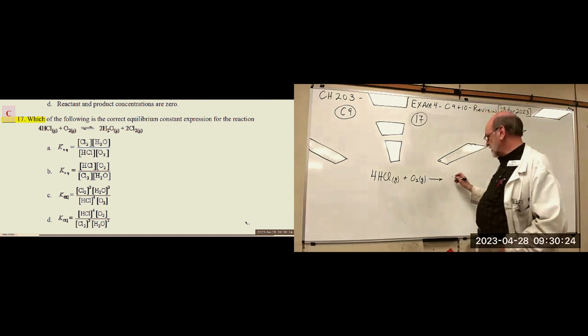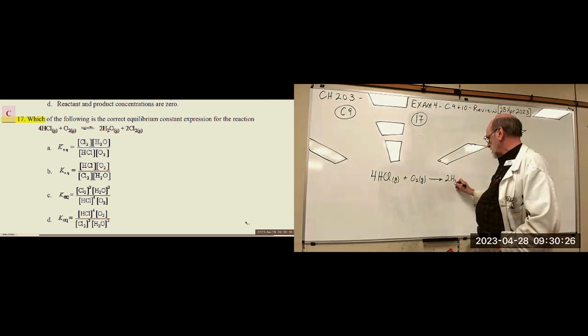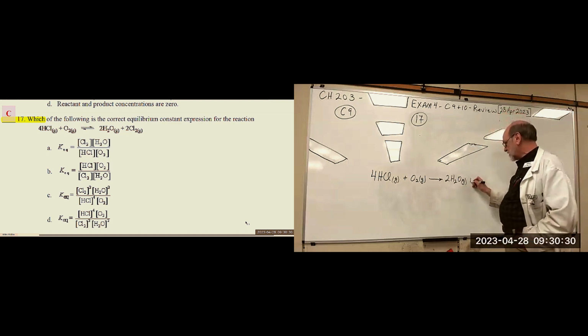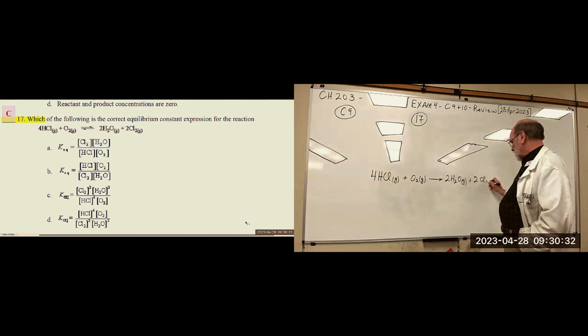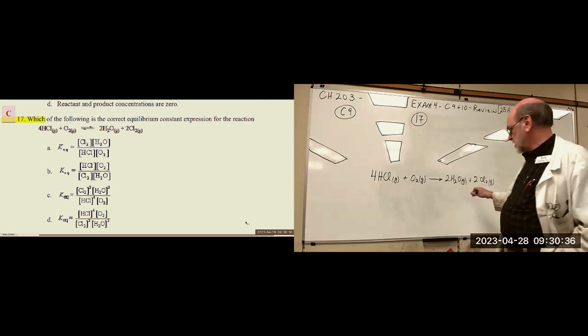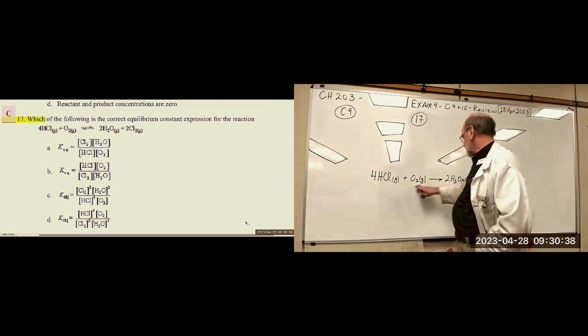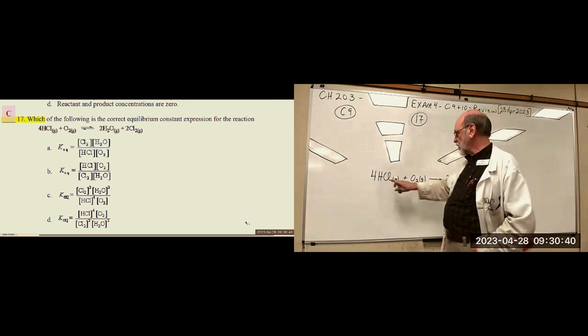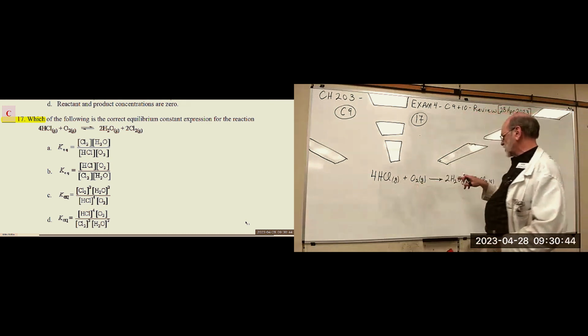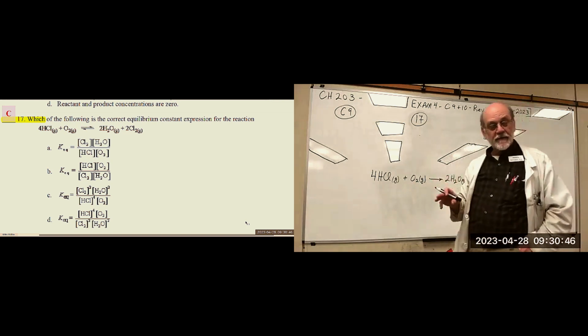Okay, and we need 2 waters. This is water vapor. That's a gas. And 2 chlorine molecules. All right, let's see. Is that balanced? 4 hydrogens, 4 hydrogens. 4 chlorines, 4 chlorines. 2 oxygens, 2 oxygens. Okay, we're balanced.